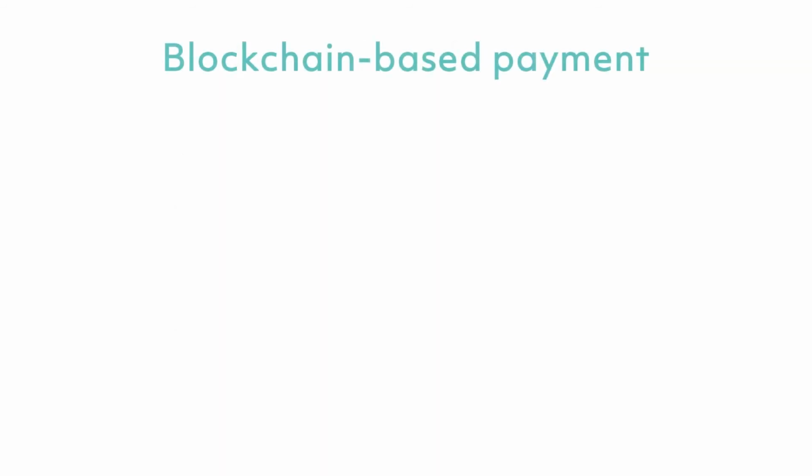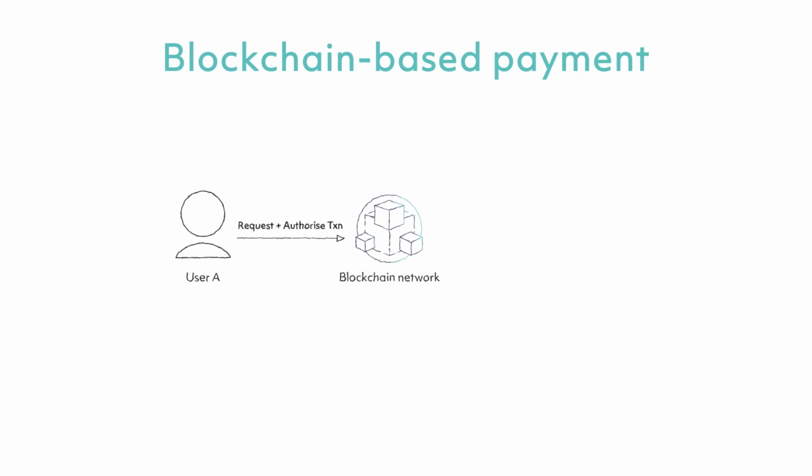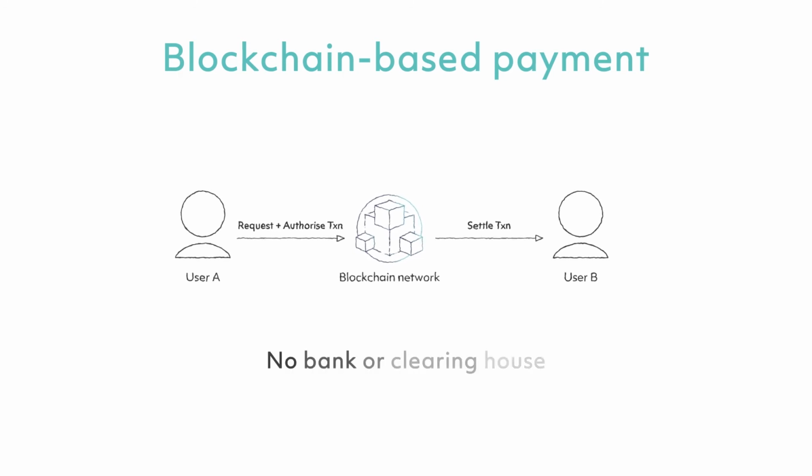Let us now look at the contrast in a blockchain-based payment. User A similarly initiates requests for the payment, but in this instance, they can also authorize the transactions together with other nodes in the blockchain network. The transaction is settled with user B without the need of a bank or a clearinghouse, and therefore eliminating the need of central authorities.